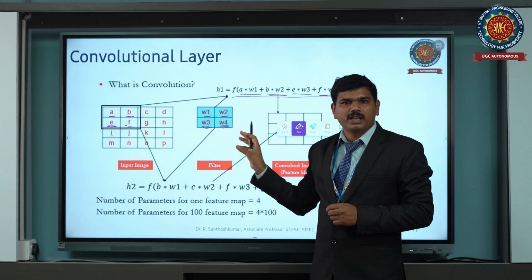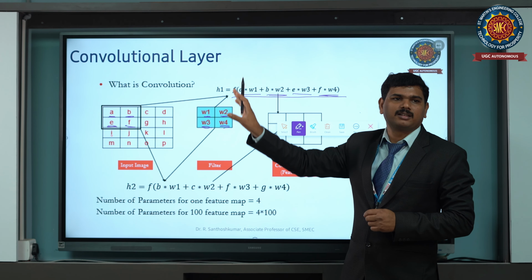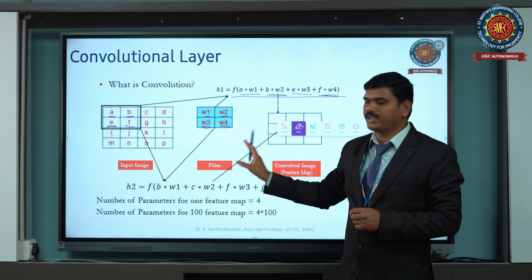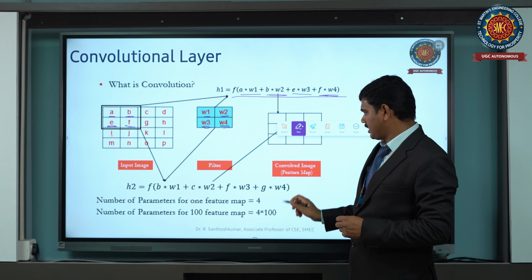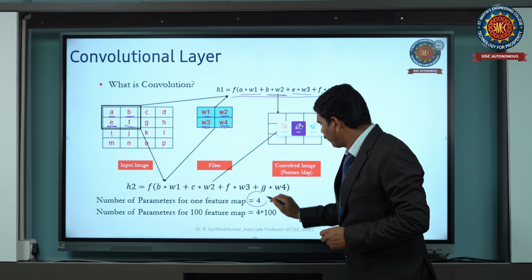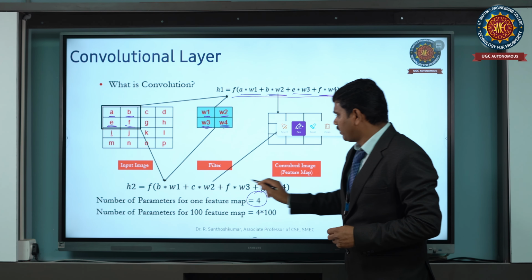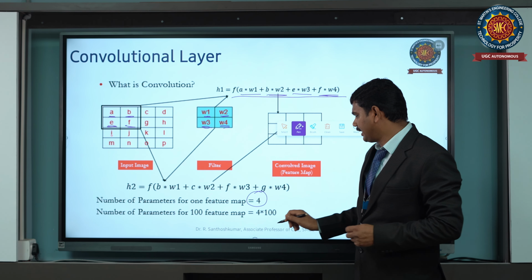Like this, we have to do the convolution for each and every pixel value of that image. Here, the number of parameters of one feature map is 4. So for example, the number of parameters for 100 features is 4 into 100.